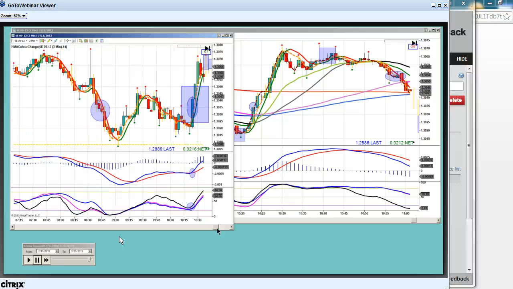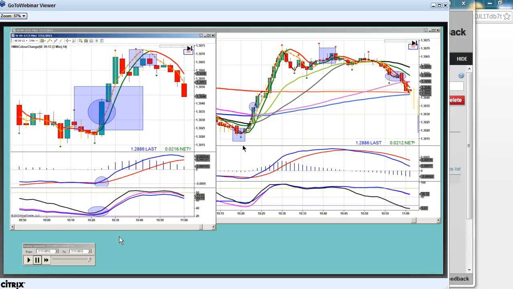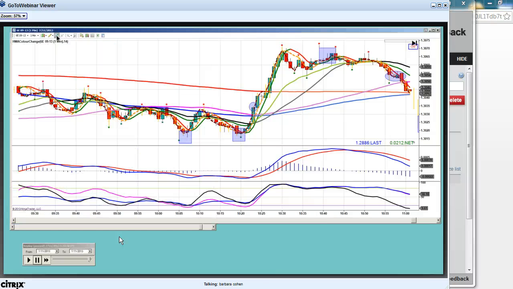The 3 minute probably came between 1021 and 1024. So if you look at your 1 minute here, your 1 minute's going to give it to you first. You're not going to jump in here because you don't know if it's going to come right back down. Look, here it changed, and here it came right back down.